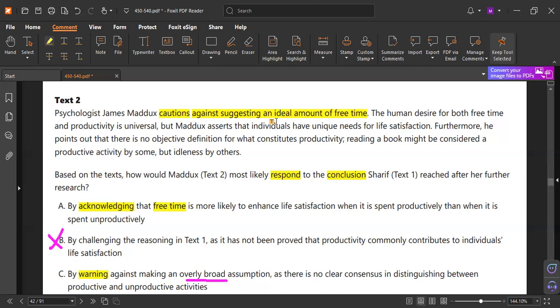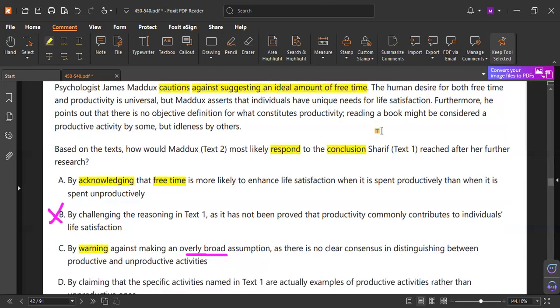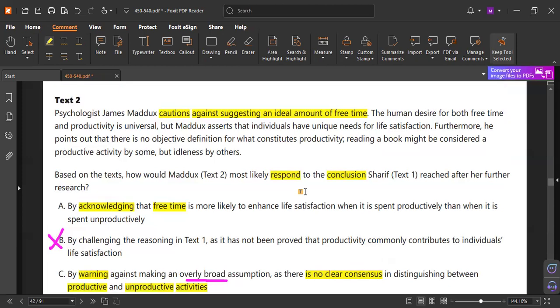So he said that from the beginning, and then he explains. He said there is no clear agreement or indications in distinguishing between productive and unproductive activities, but individuals have unique needs for life satisfaction.